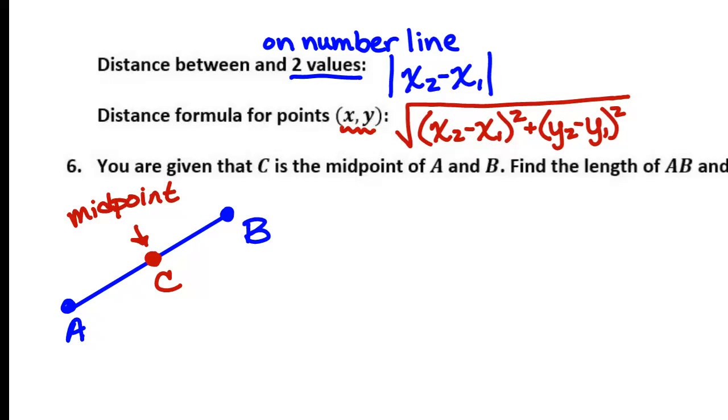They cut them in half. They cut them exactly in half. They're the exact middle point. So if I take this line segment and I cut it in half right here, what does that mean about these two small line segments now? Yep, they're the same distance. They're congruent. So this is the same size as this.